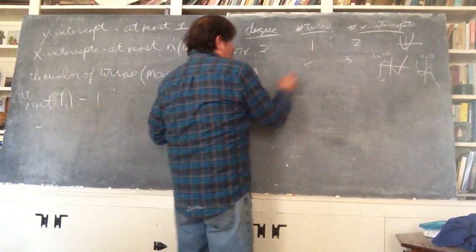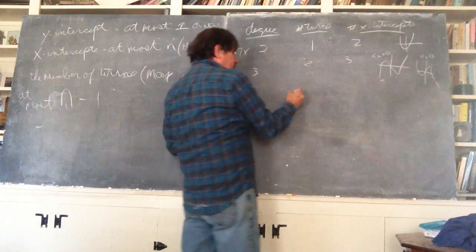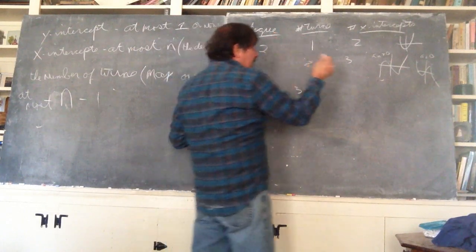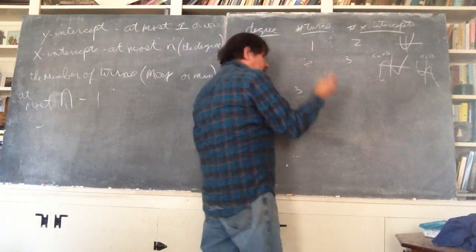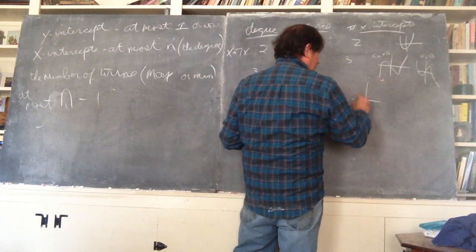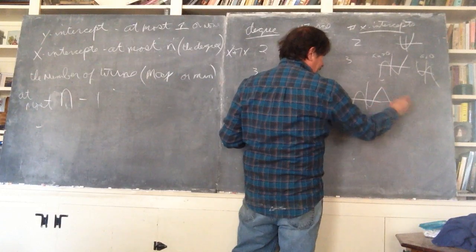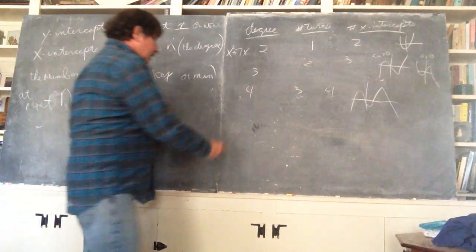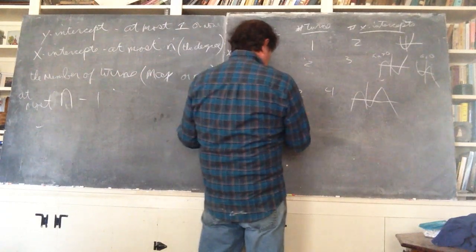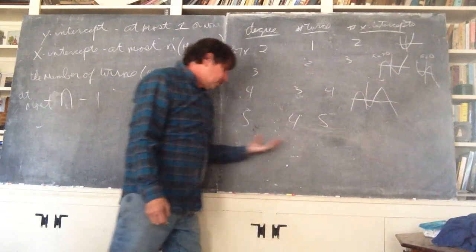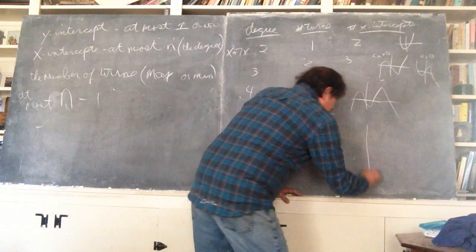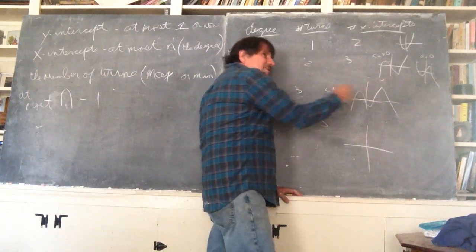If the degree is 4, the most number of max or mins it could have is 3, and the most number of x-intercepts is 4. It could look like this: 1, 2, 3, 4. Back down again, 1, 2, 3 max and mins. If the degree is 5, by the way, here a sub n is less than 0.